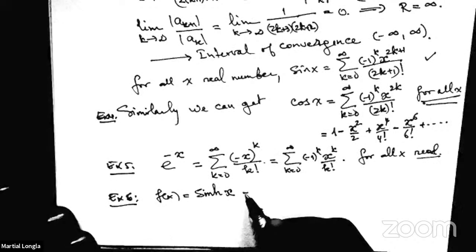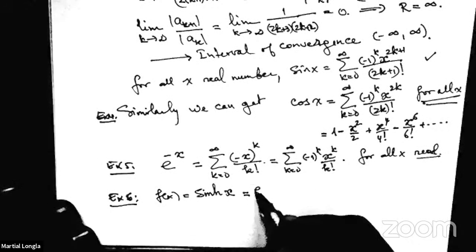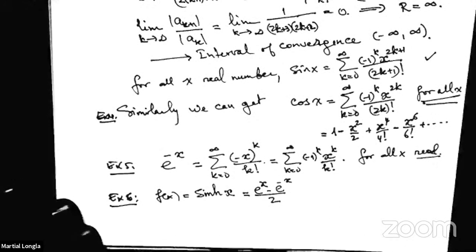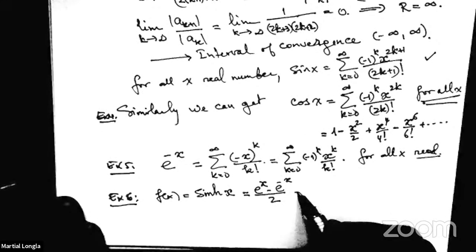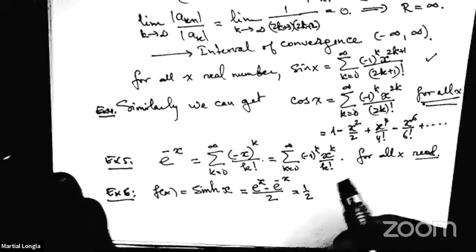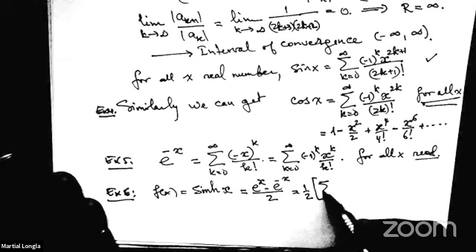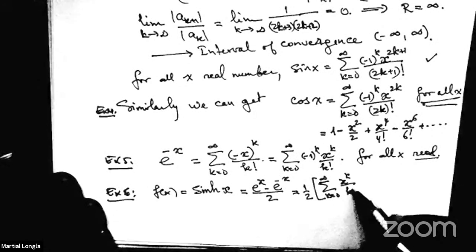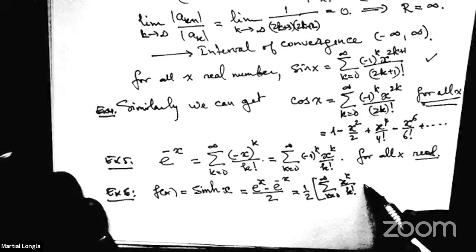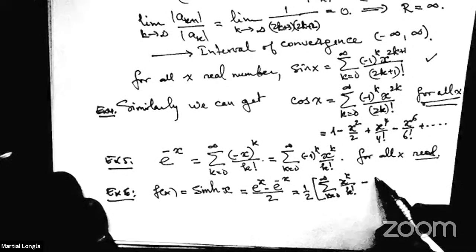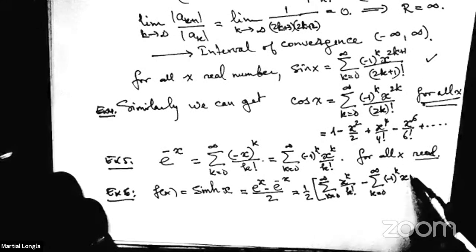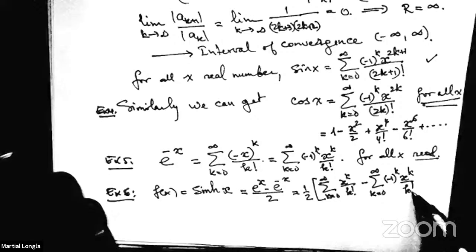So here, hyperbolic sine of x is (e to the x minus e to negative x) over 2. So I can subtract the two series. That's 1/2 times the sum k from 0 to infinity of x to the k over k factorial, minus the sum k from 0 to infinity of (minus 1)^k x to the k over k factorial.